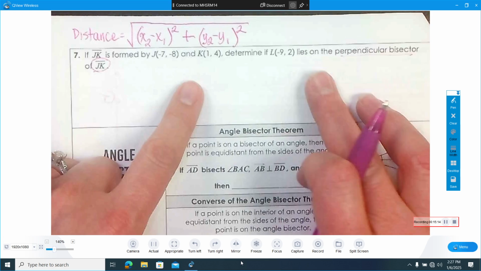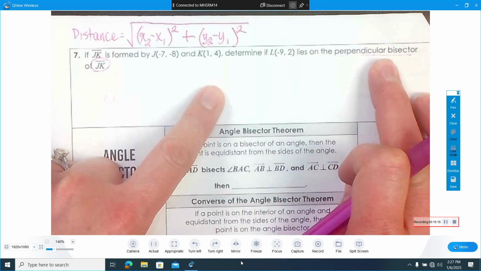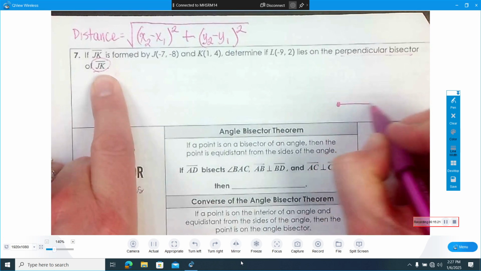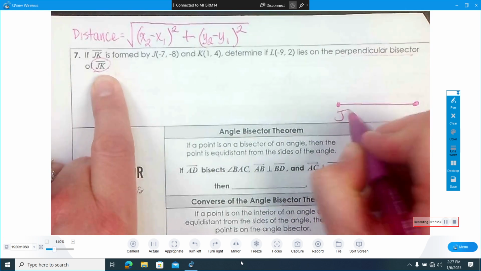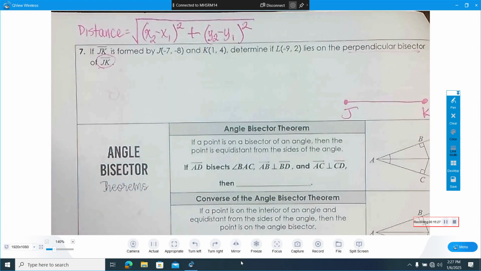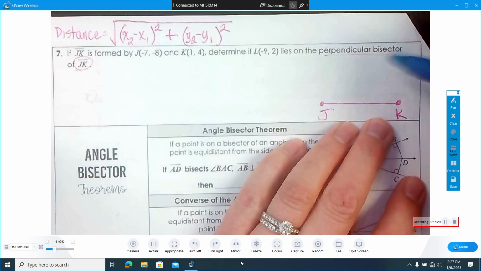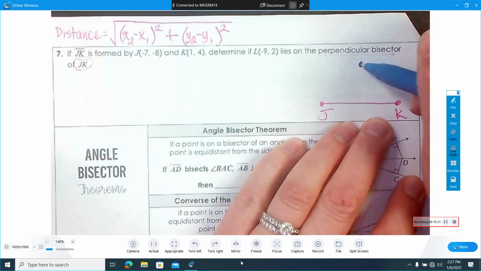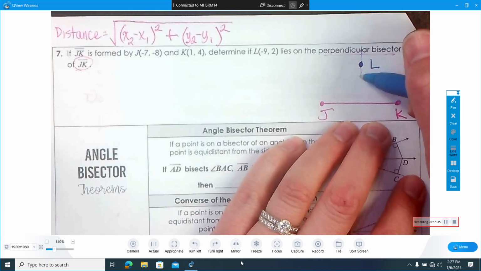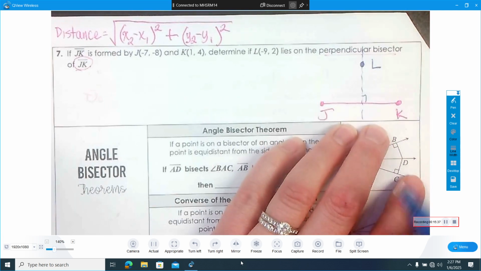So it says, is L on a perpendicular bisector of segment JK? Right off the bat, they're telling me that we have this segment JK. And the question is, if L is hovering around somewhere, is it on a perpendicular bisector?